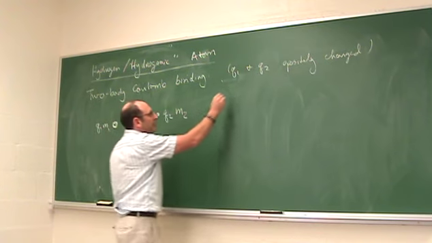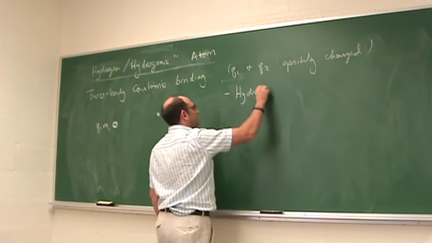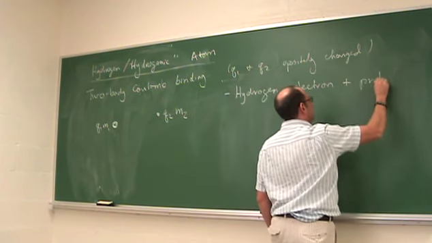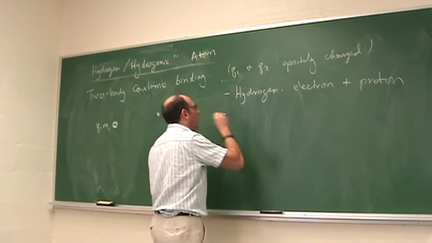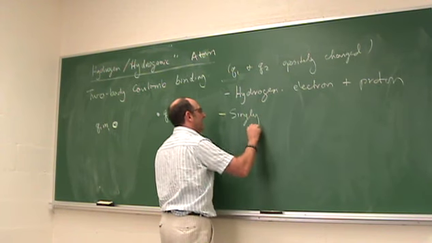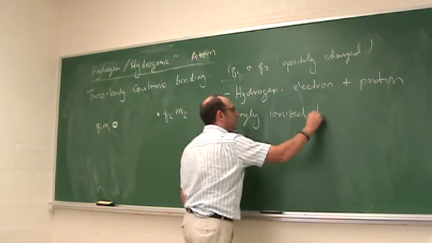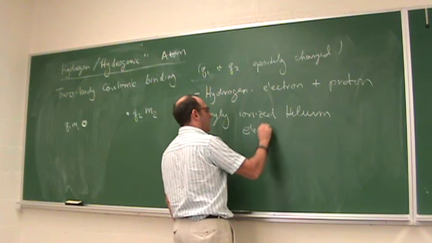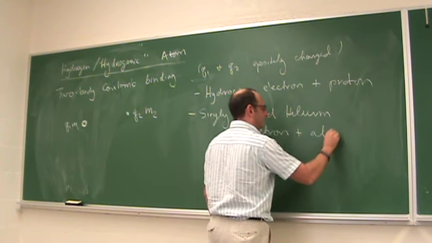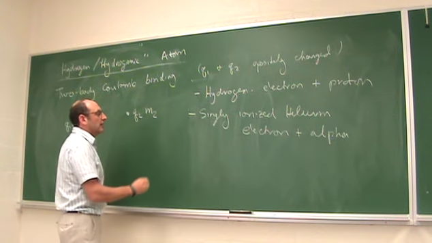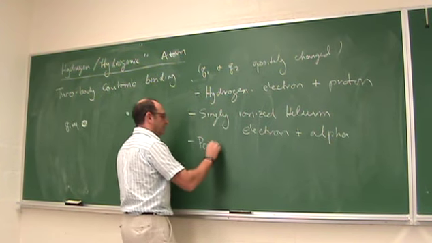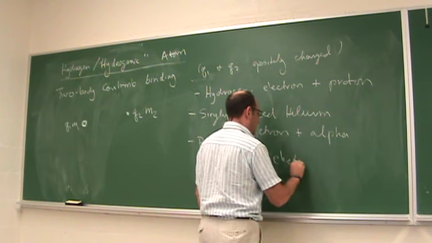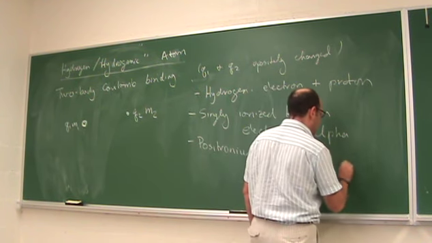So examples of this are hydrogen, the electron and the proton, singly ionized helium, which is an electron plus an alpha particle, and positronium, an electron plus a positron.